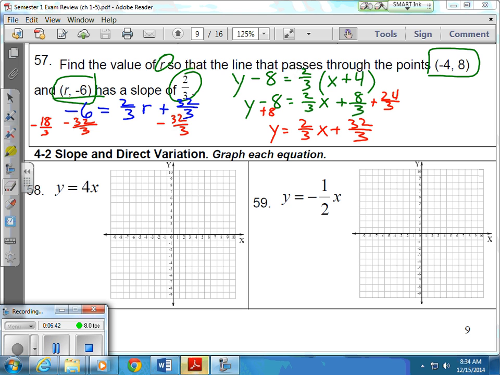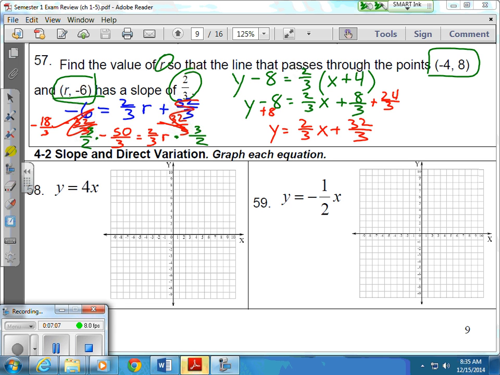So it gets a little messy for a minute. I get negative 50 over 3 equals 2/3 r. That cancels. Now, to get r by itself, this is where it comes back to normal. I multiply by 3 over 2 on both sides.